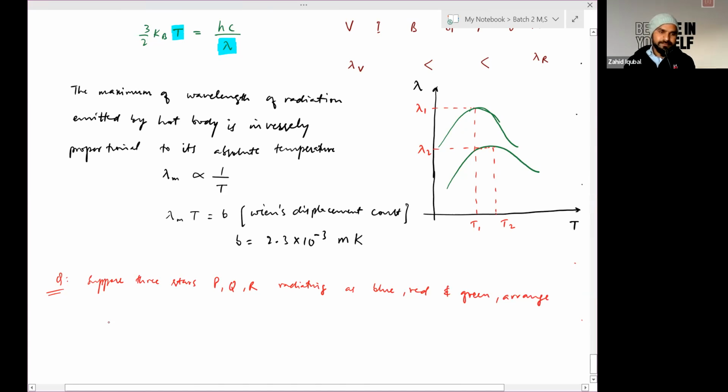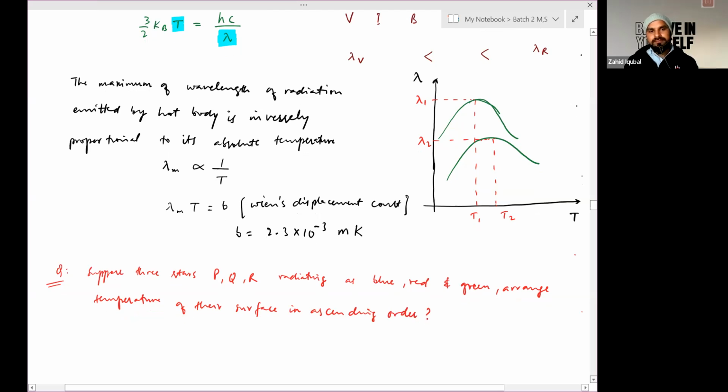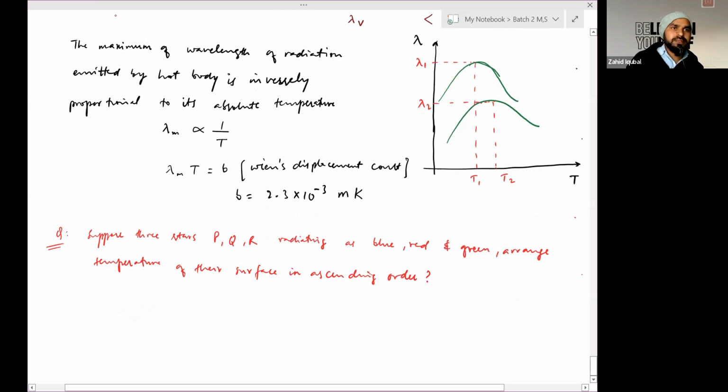Arrange the temperature of their surfaces in ascending order. Just try to solve.